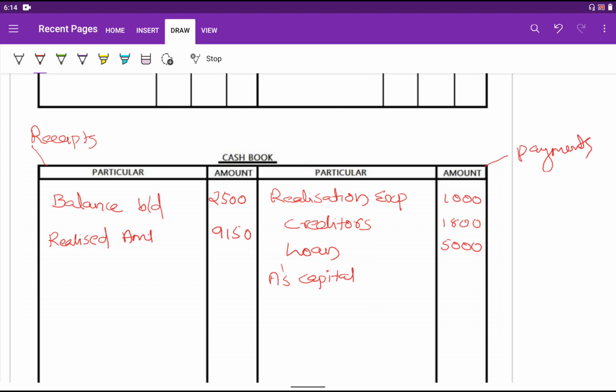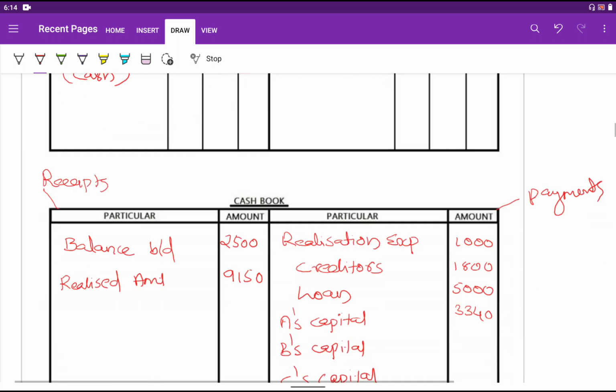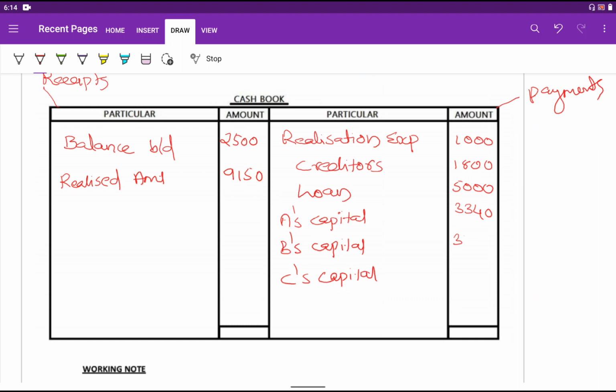For B's capital and C's capital, how much is it coming? 314 and 170 is coming.